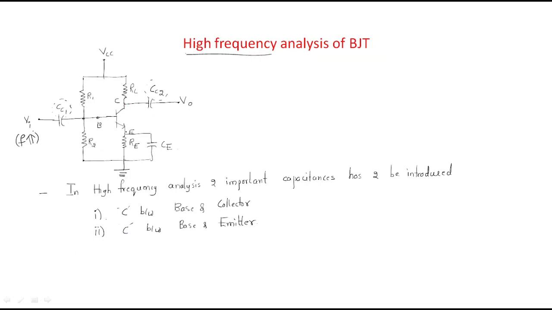Look here, in between base and collector one capacitor is introduced, and between base and emitter another capacitor is introduced.